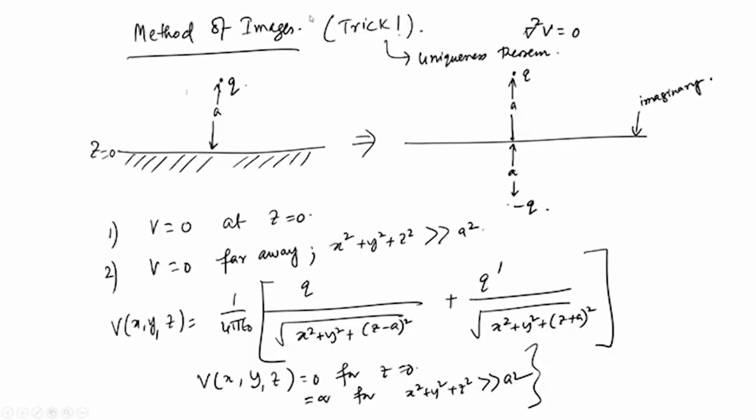Okay. So, we get q prime equal to minus q, and that is why it is called an image charge. We did not know initially that it was minus q, but when we wrote it as q prime and applied the boundary conditions, you get q prime equal to minus q.